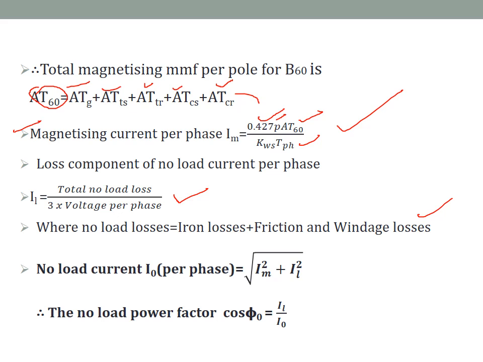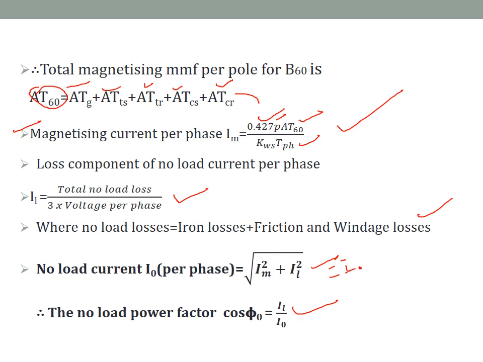Therefore, the no load current I naught per phase is obtained by substituting IM and IL. Now the no load power factor cos phi naught is equal to IL by I naught. This is all about the design of the three-phase induction motor.